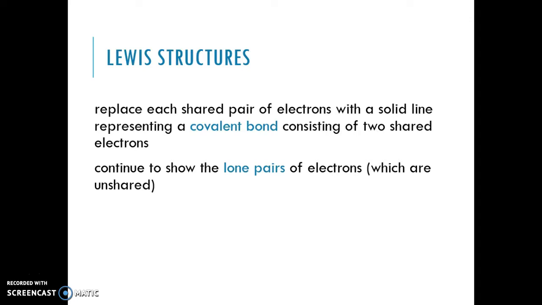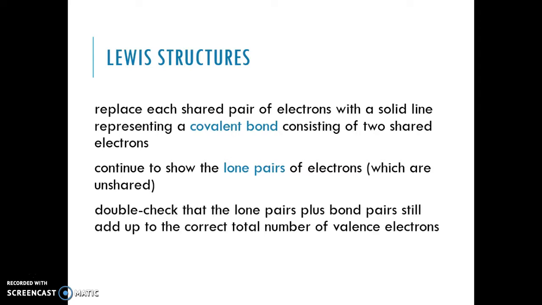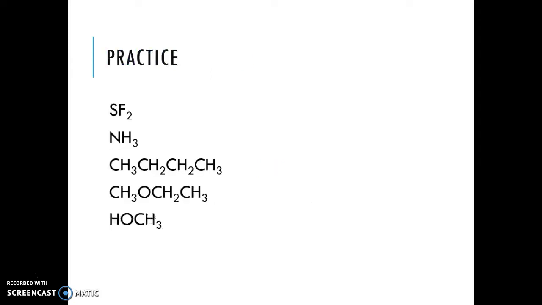AP every year has had you do a Lewis structure that I can remember since I've been teaching it. And you've got to be careful to make sure you show those lone pairs of electrons on elements towards the right side of the periodic table, the halogens and so forth. And again, you just want to double check, make sure that everything adds up to the right number of valence electrons.